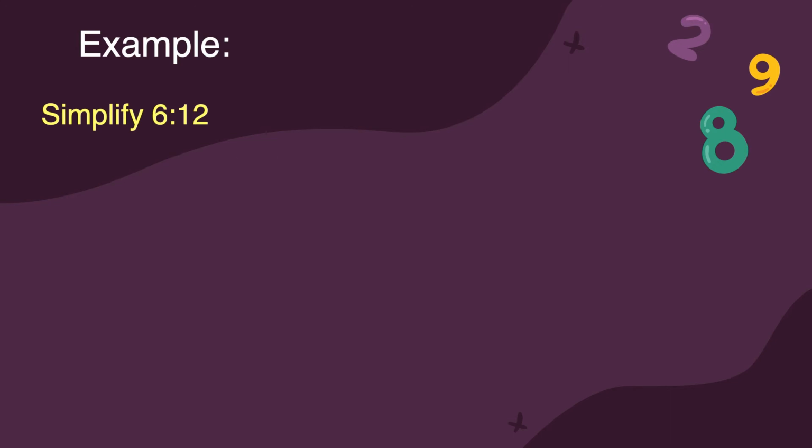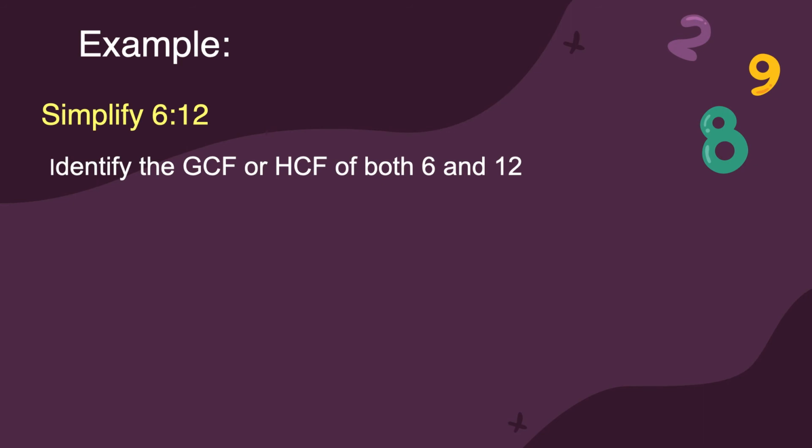Well, first we identify the highest common factor or greatest common factor of both 6 and 12. When we do that, we would note that that number would be 6. 6 is the greatest common factor.